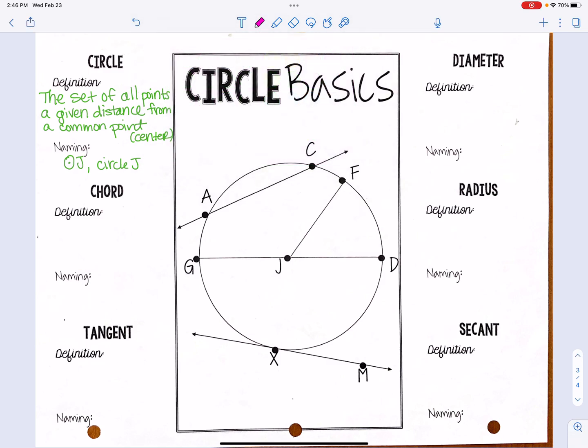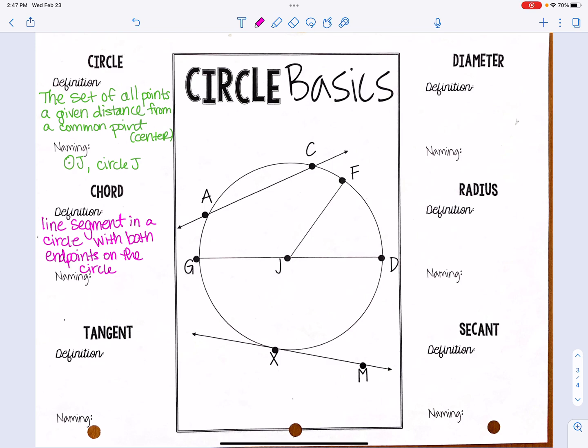All right, next we're going to have a chord. A chord is a line segment in a circle with both endpoints on the circle. A line segment in a circle with both endpoints on the circle.